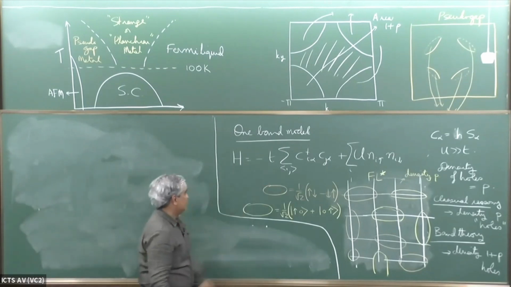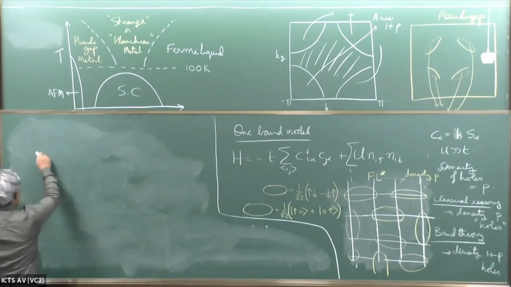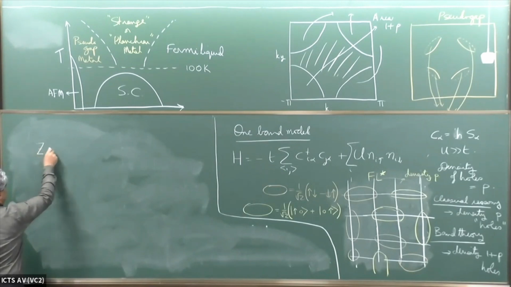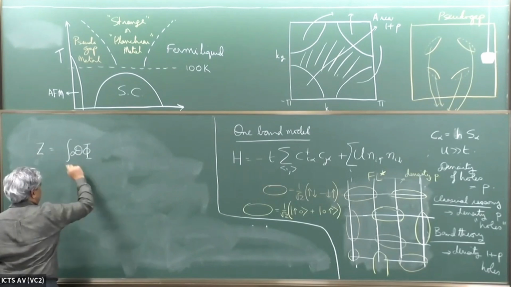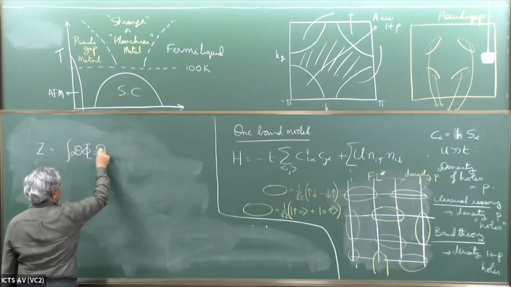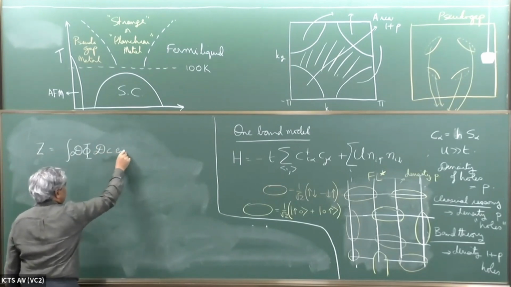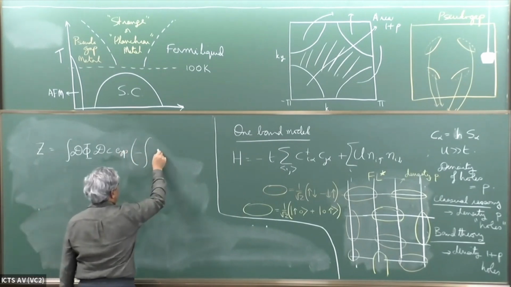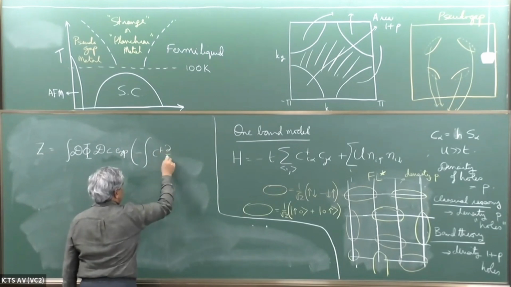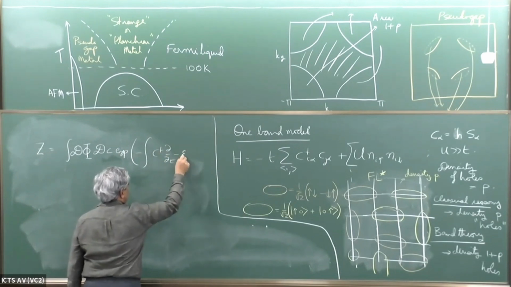So you start with this, and you can rewrite the partition function in terms of some Lagrangian of some paramagnon field and the electrons. Okay. So this you have C dagger d by d tau minus some dispersion of the electrons.